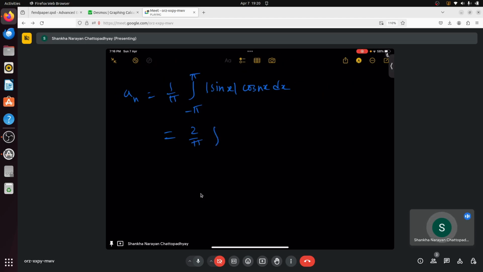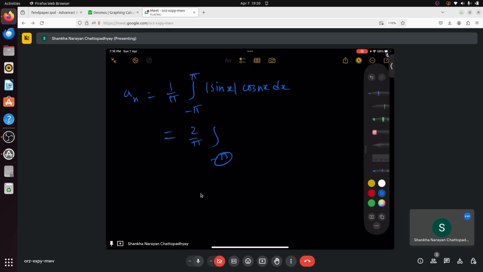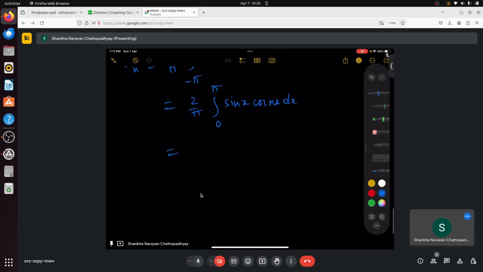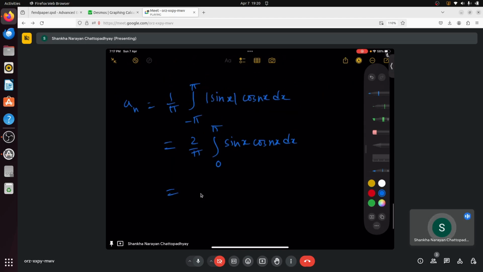This is 2 by pi integration 0 to pi sin x into cos nx.